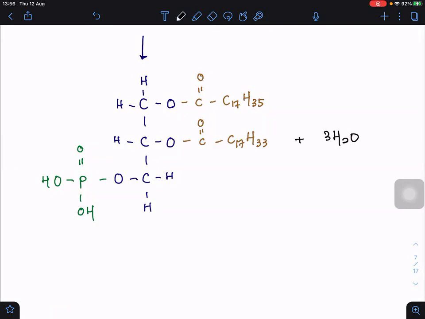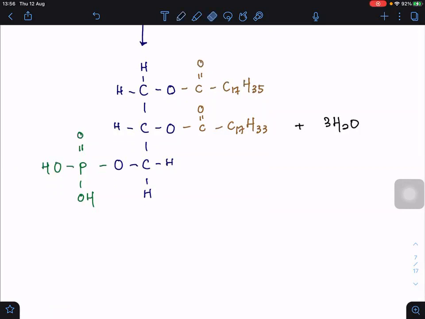Now, when this phospholipid molecule is exposed to an aqueous environment, ionization takes place, because this part is a phosphoric acid. The H will dissociate. When H dissociates, the O here will be negatively charged. Can you see that? It is an acid, so it donates protons.